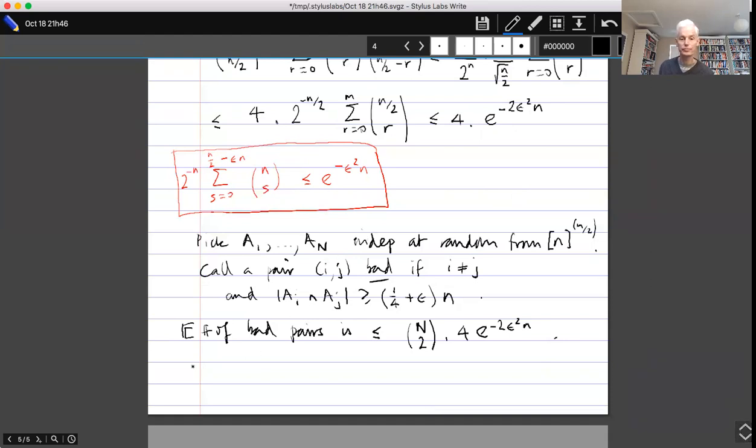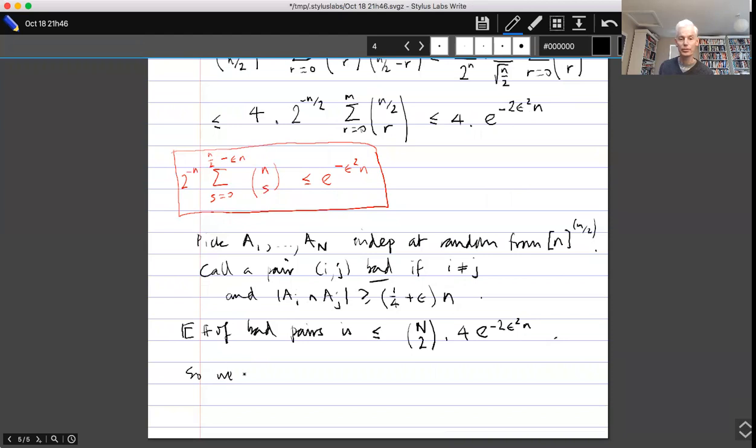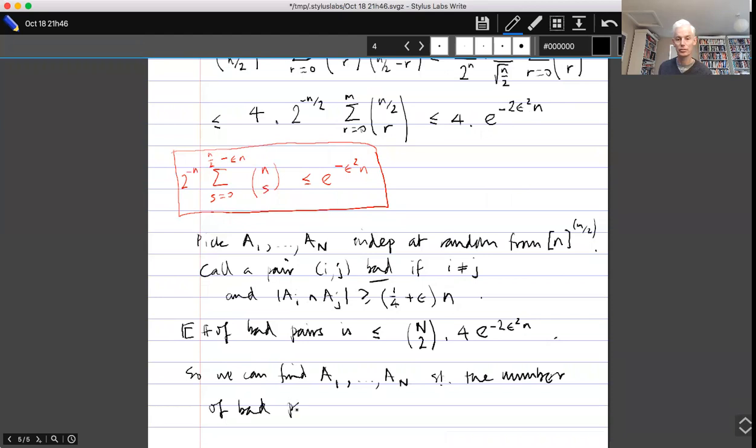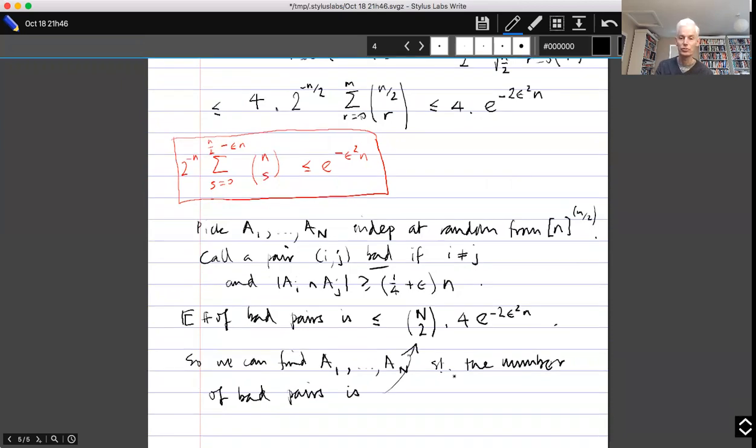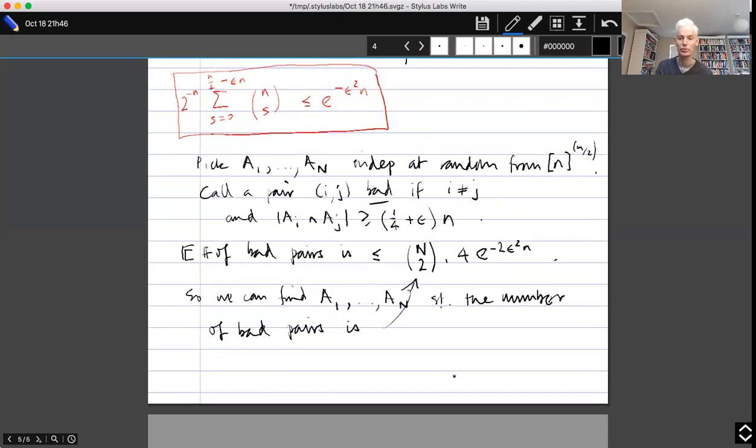So we can find, this is going right back to the very first thing I talked about in this course. If the average is at most that, then we can find A1 up to An such that the number of bad pairs is less than or equal to n over 2 times 4 e to the minus 2 epsilon squared n.